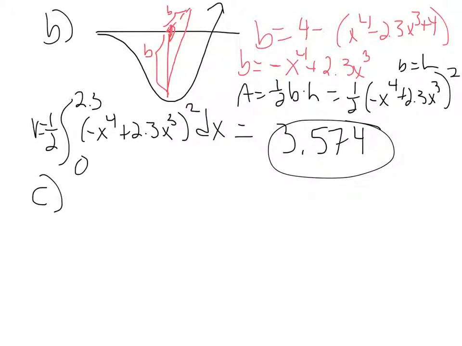Part C really isn't so bad either. So if you take your graph again, they're saying you have this line x equals k that divides the region directly in half.